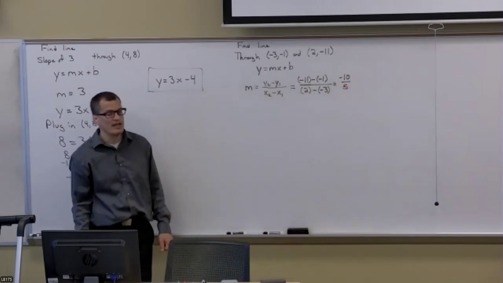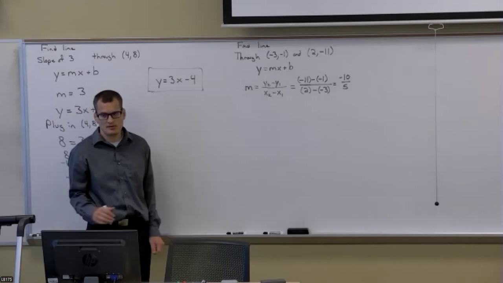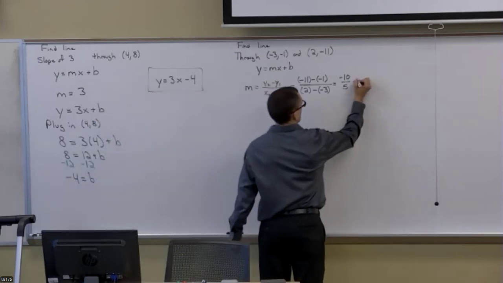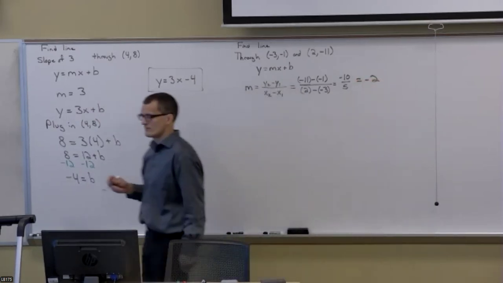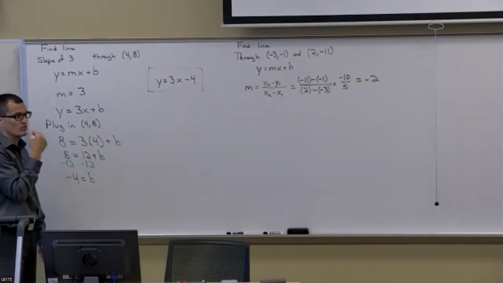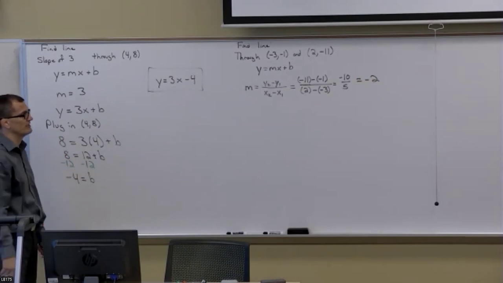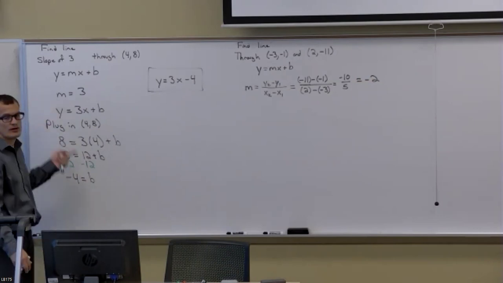That's -10 divided by 5. And that can be simplified to -2. So it took me a little bit of computation to get the slope, but now we're right back in the same spot we were in our previous problem.